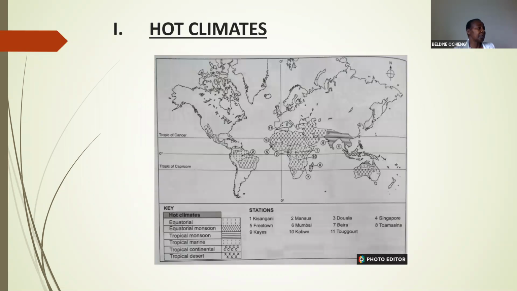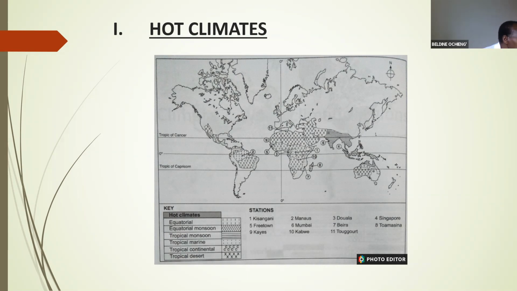We'll move along now on our hot climates. Hot climates, now these are only for the hot climates. For easier tracing of the regions, we have stations here with their numbers. We have the key for this, so we can see all of them.